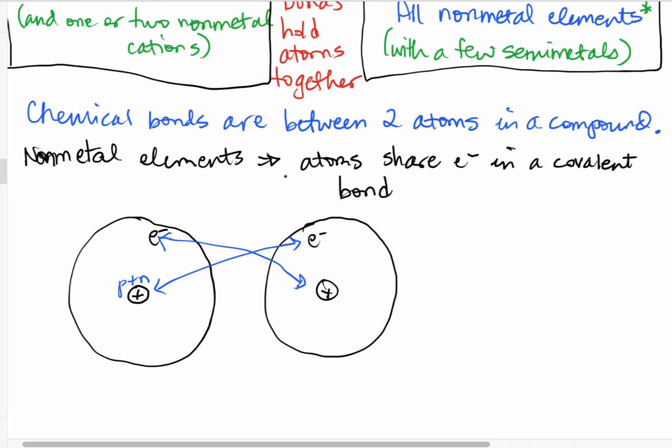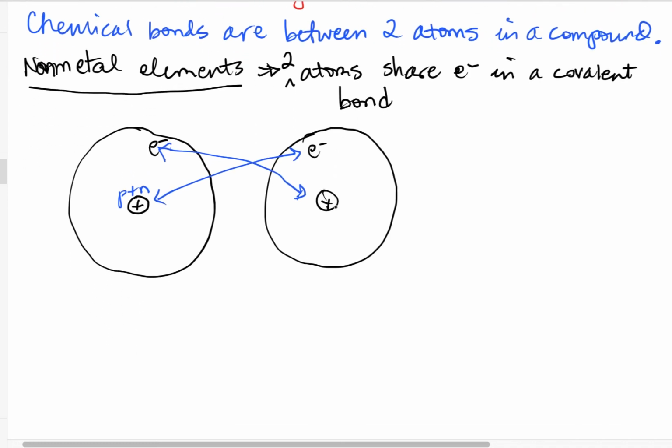And it's specifically two atoms share electrons in a covalent bond. And we'll talk more about the details of that a little bit later on. So for now, we can just remember that a covalent bond has shared electrons, and it's between two atoms.